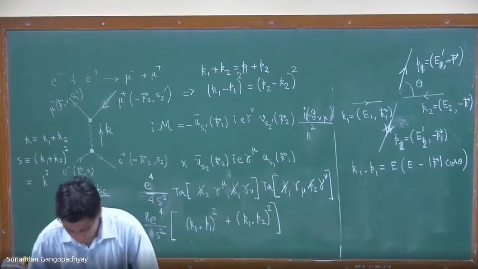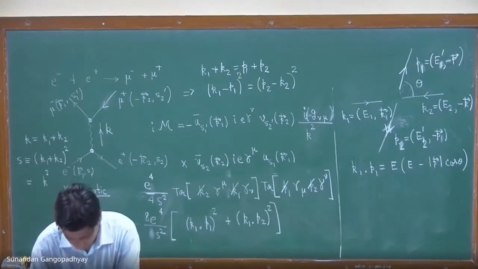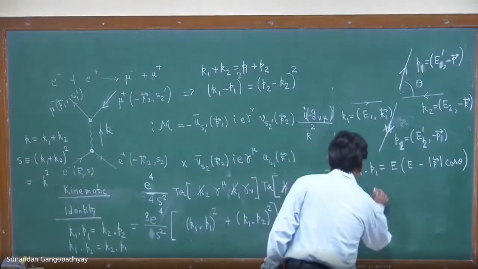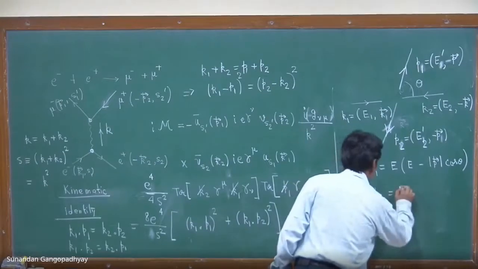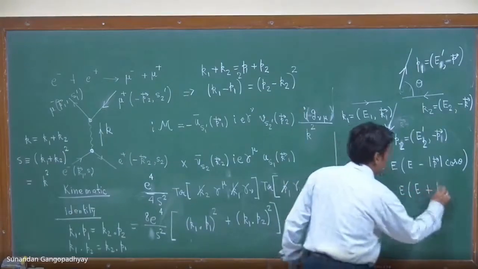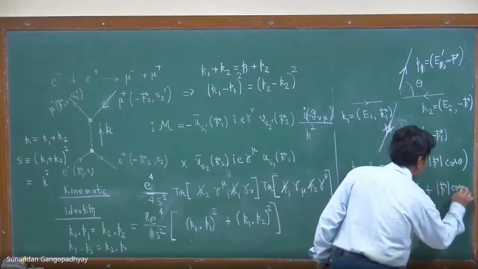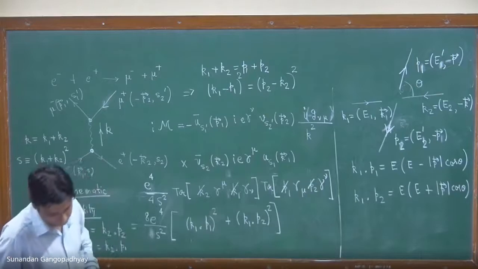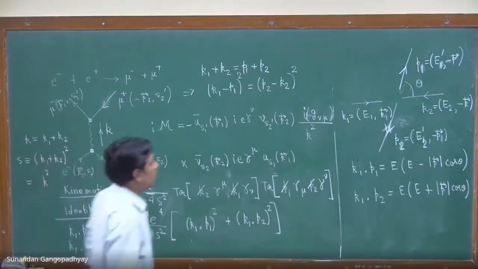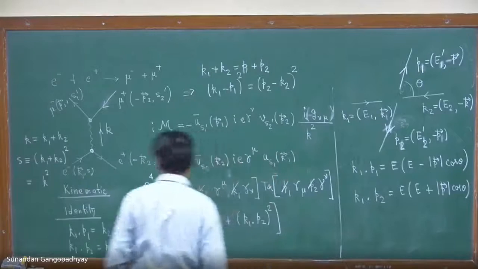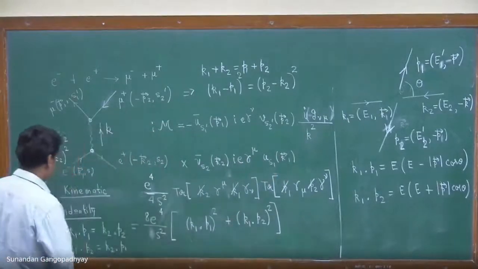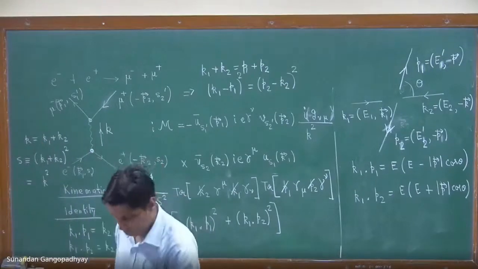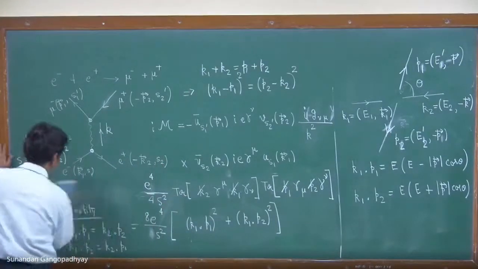You can show this, and also P1 dot P2 is E plus mod E cos. So let us try to just see whether these expressions are correct or not. So let me go to the other side of the board, or maybe we can do it over here itself.